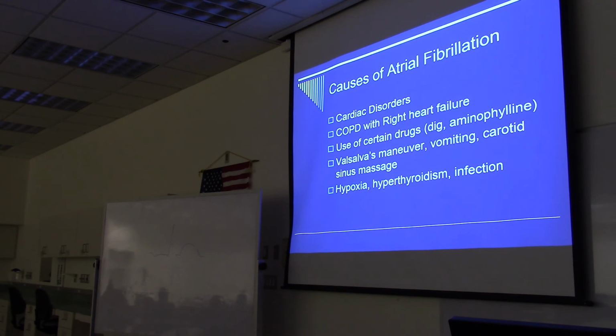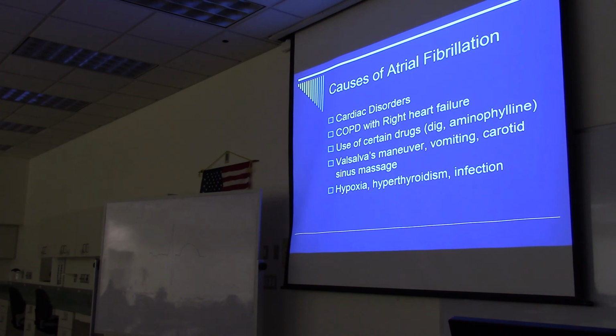All right, so it can be caused by cardiac disorders, COPD, and then certain drugs can cause that. It has Valsalva maneuver and vomiting under atrial fib. That's interesting. So vomiting can cause you to go into it. Yeah, that's what it looks like, doesn't it? And then does that mean carotid sinuses?